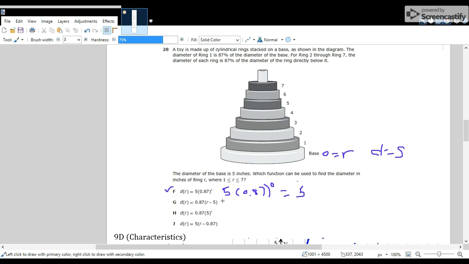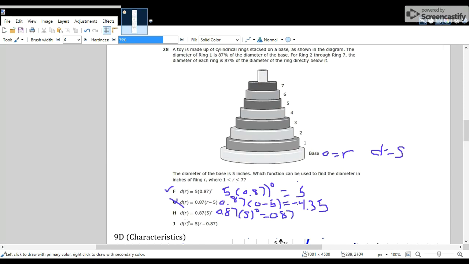Let's try the next one. 0.87 times 0 minus 5. And that's negative 4.35. That's not 5, so that wouldn't be able to work. Okay, H. If we plug in 0 for R on this one, we get 0.87.